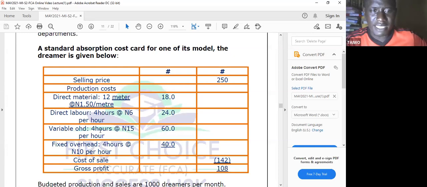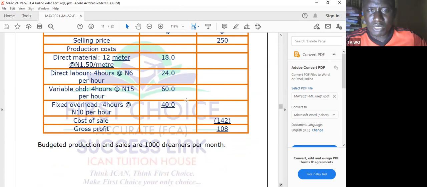For variable overhead, it is measured in terms of hours. I have 4 hours at a 15 naira variable overhead rate. That's the rate of absorbing overhead, 15 naira per hour, which gives you 60 naira. The fixed overhead, also at 4 hours, we absorb at the rate of 10 naira per hour, which is 40 naira.